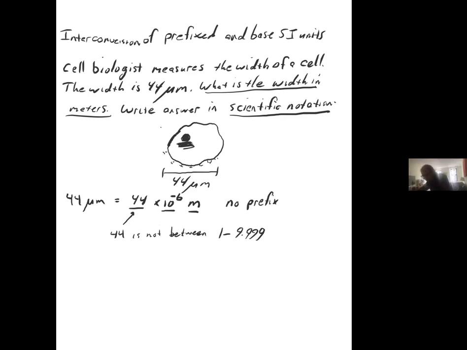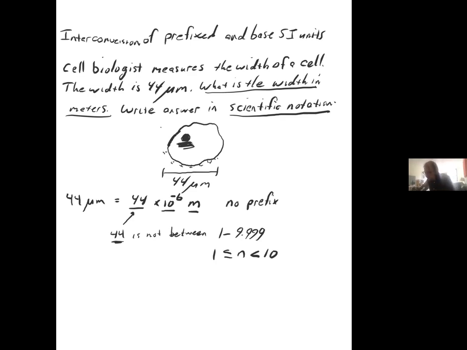So this number in the front has to be less than 10, and it has to be greater than or equal to 1. So anywhere between 1 and 10, but not including 10.